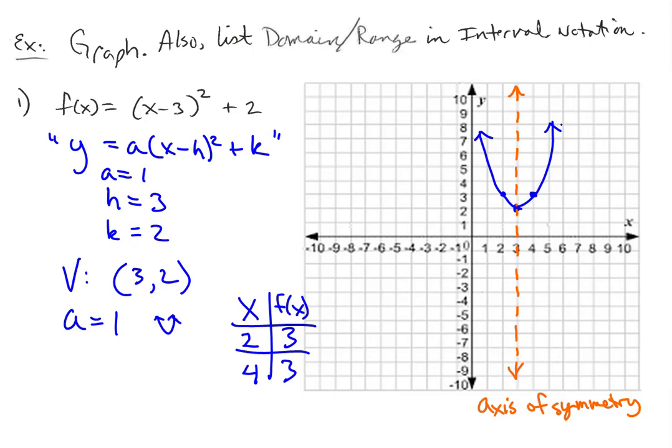Now, part of this problem above also asked us to list out the domain and the range of this graph. You'll notice that the domain pertains to x values and the range pertains to y values. We've done that in context with other graphs before.